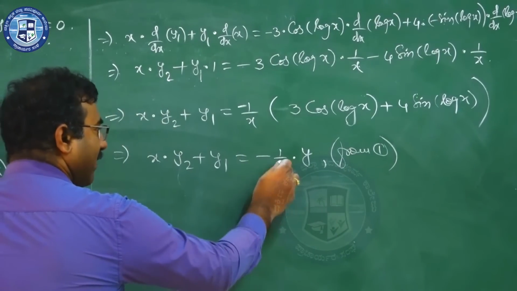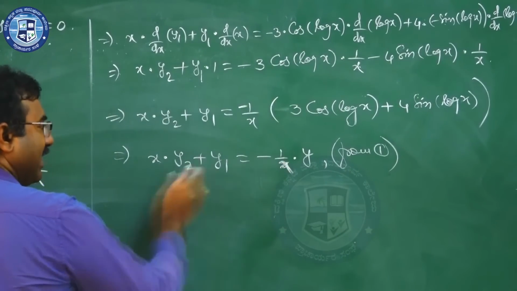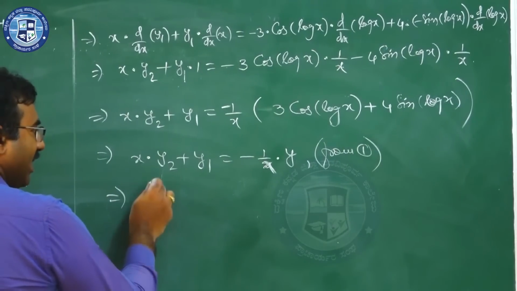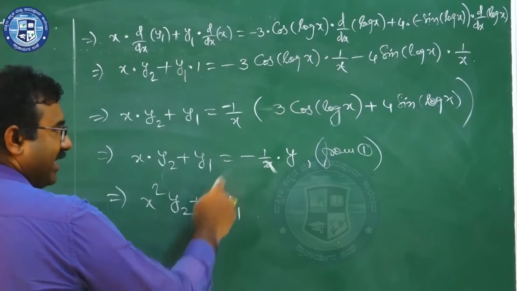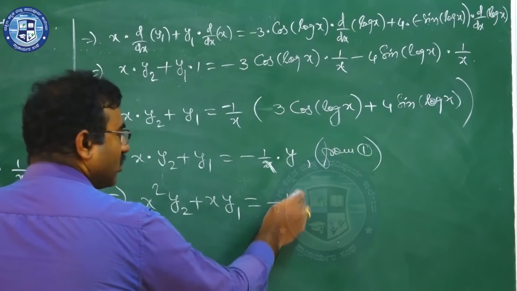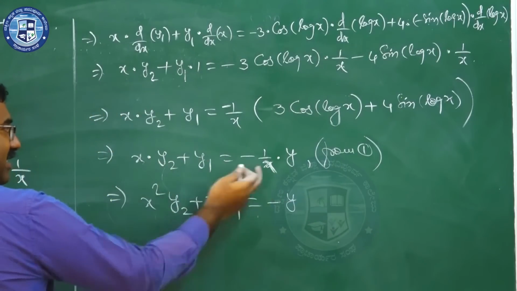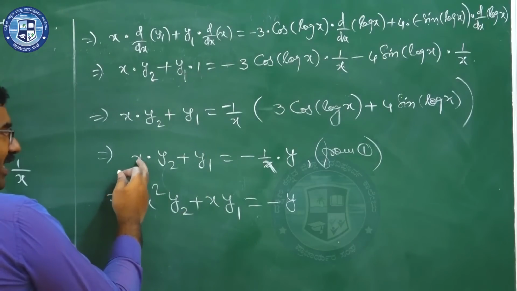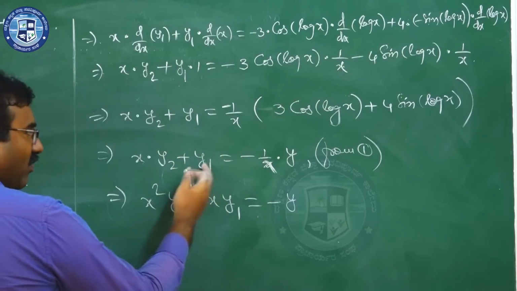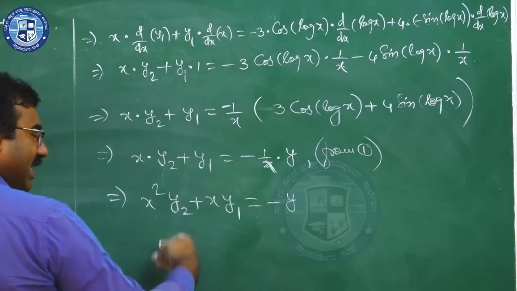So, you cross multiply this x this side. So, what you are getting? x square y2 plus xy1, right, is equal to minus y. We just cross multiplied this x. When x comes, this division comes multiplication. Bring that minus y this side.